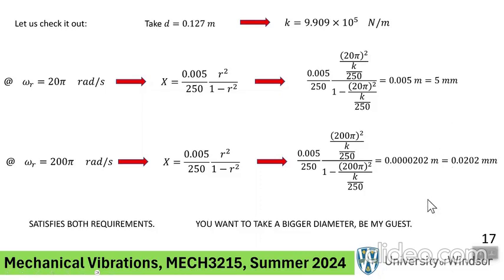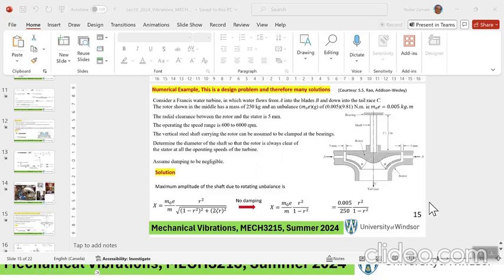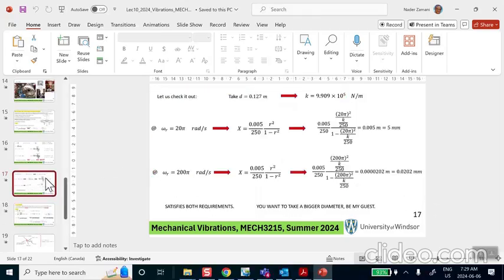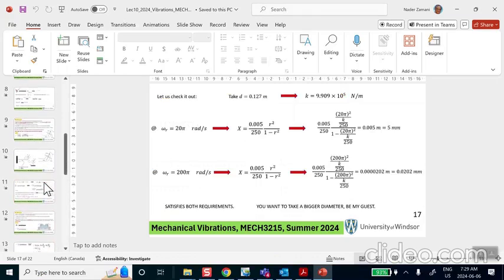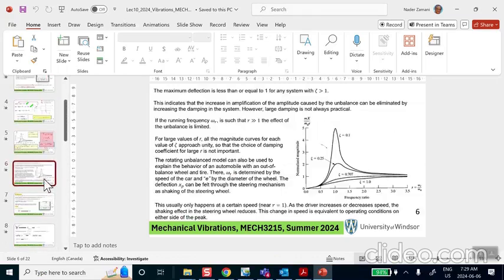Okay. One question that may come to you is, why is this happening? Let me quickly go through a slide here before we do our next example. This slide. Notice that at higher speeds, the maximum deflection doesn't change that much.